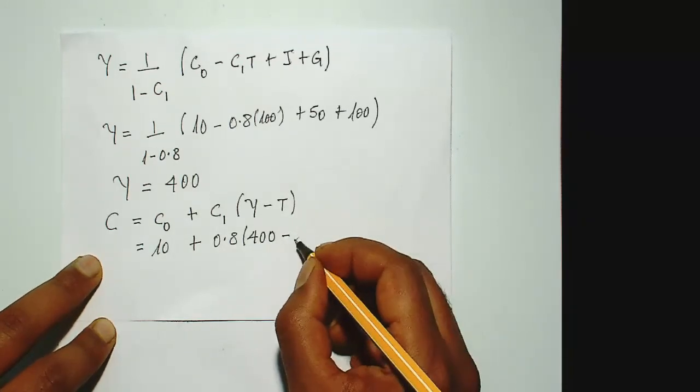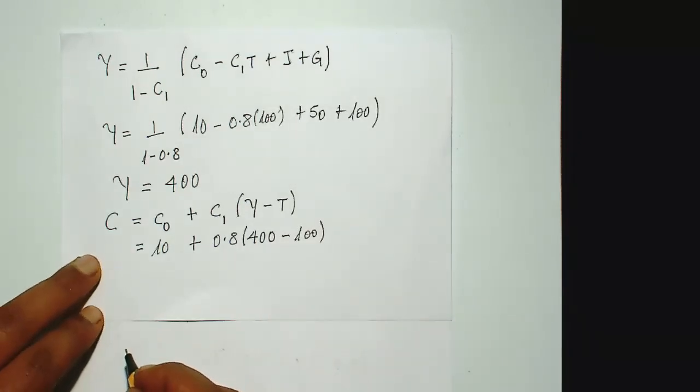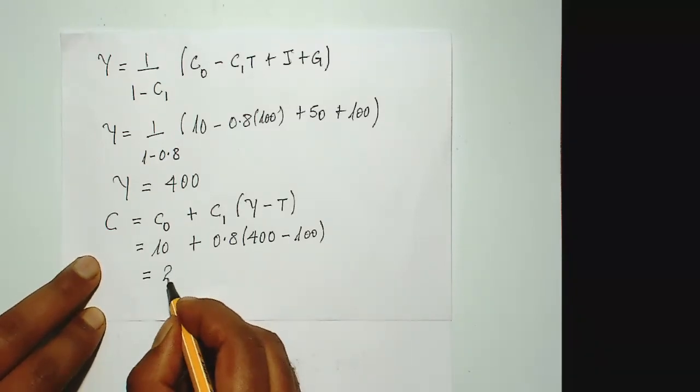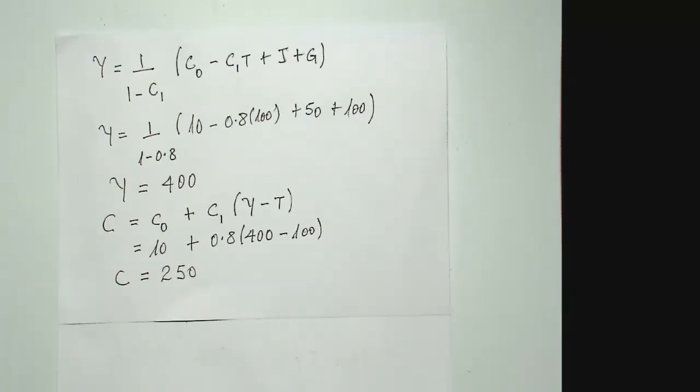Our disposable income would be 400 minus 100. So again, this calculation would give us a final value of consumption of 250 monetary units.